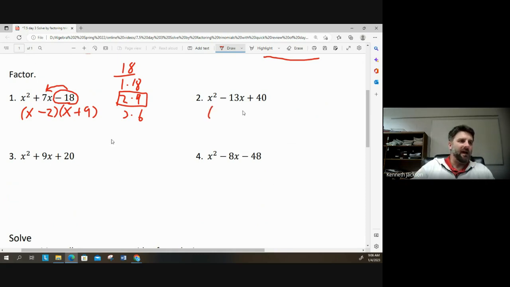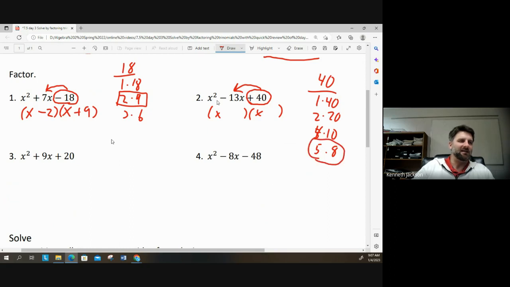On number 2, x and x will make x squared. I'm looking for numbers that multiply to 40. That's 1 times 40, 2 times 20, nope, not 3. Let's go 4 times 10, and 5 times 8. Now, I'm not looking for these numbers to subtract because it ends in a plus sign. Which of those will add to 13?